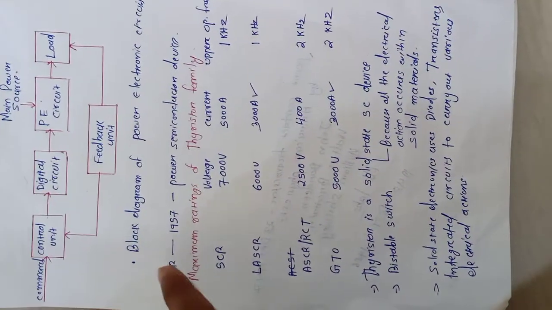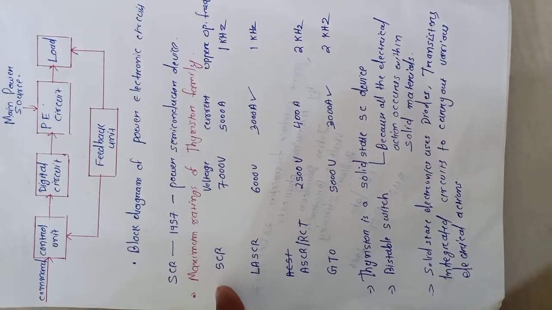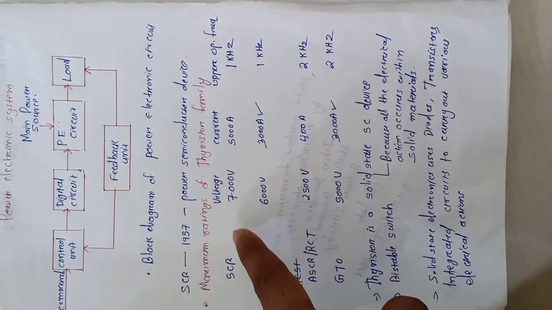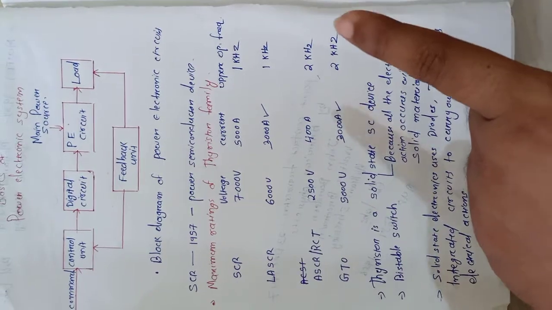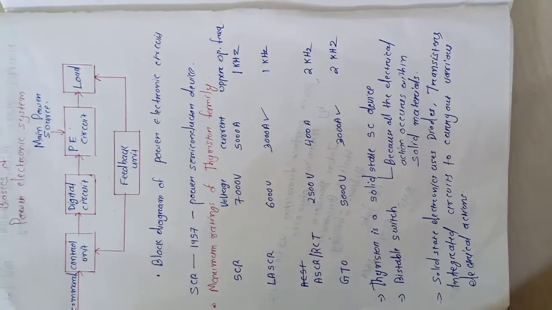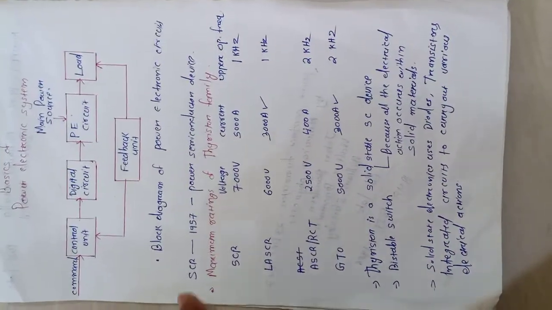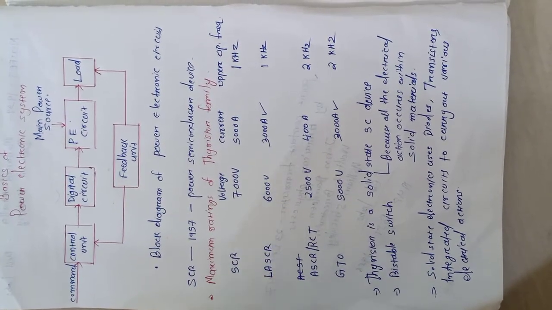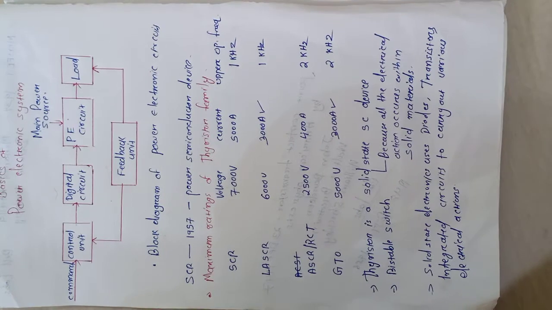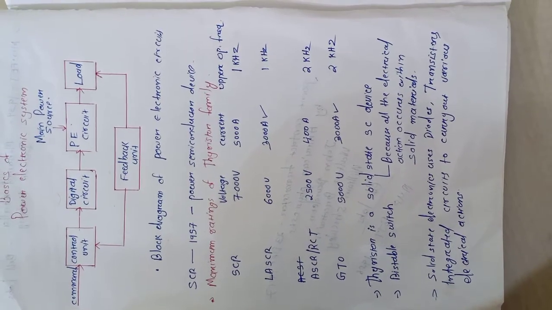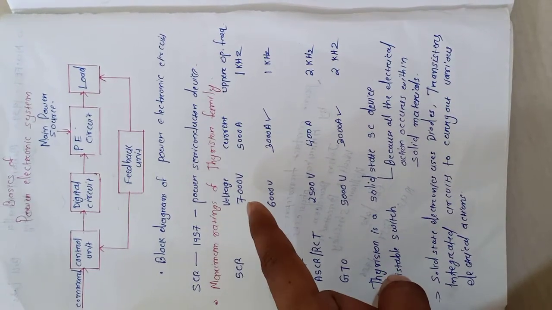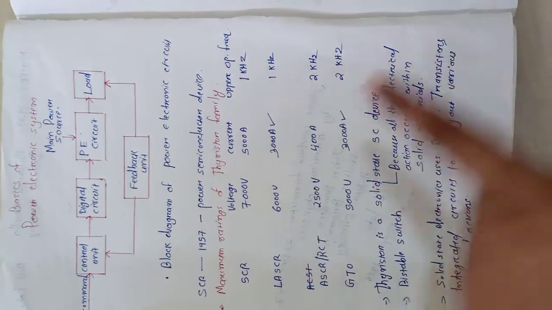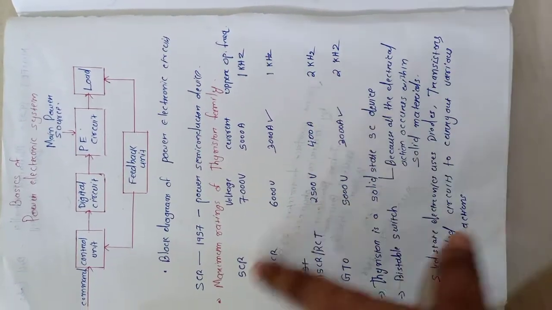Here I am writing some important members of a thyristor family and their voltage and current ratings and upper frequency ratings. So the main members are SCR, light activated SCR, RCT and GTO. So what is the voltage rating of an SCR? That is 7000 volts, current is 5000 ampere, upper frequency 1 kilohertz.